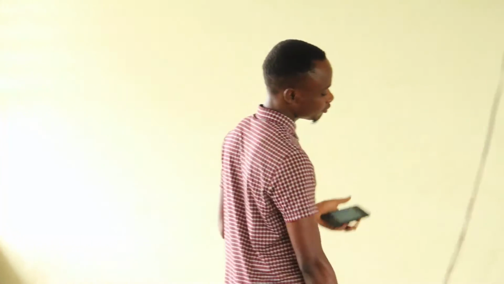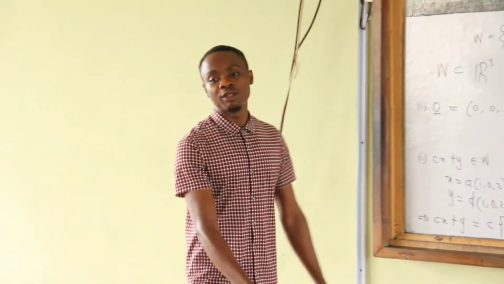Number 3. Alright, number 3, are you there? Let V be equal to R3 and W be defined such that X is equal to (X1, X2, 1). Is W a subspace of V? Without solving anything, can you tell me the answer?